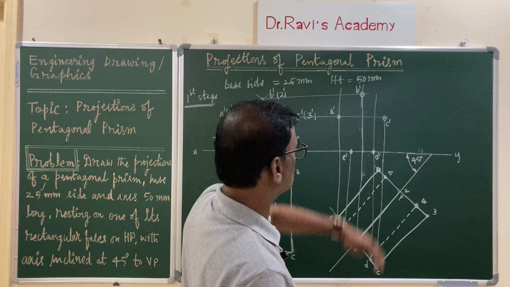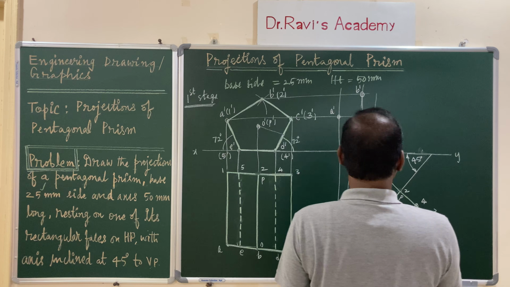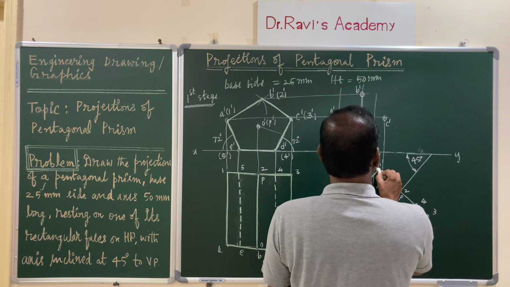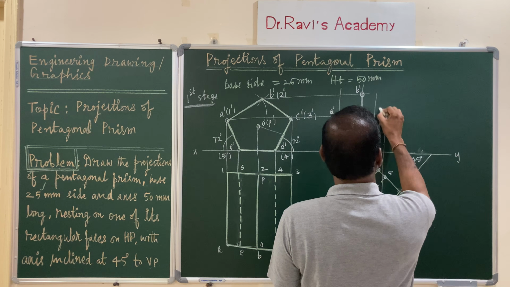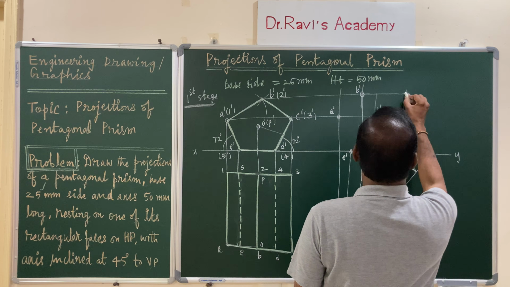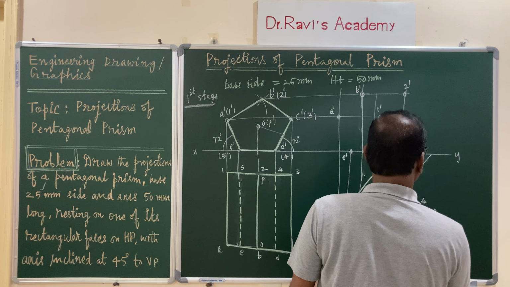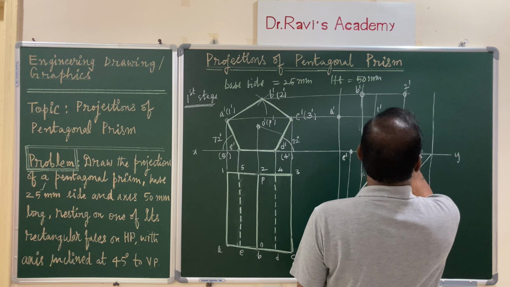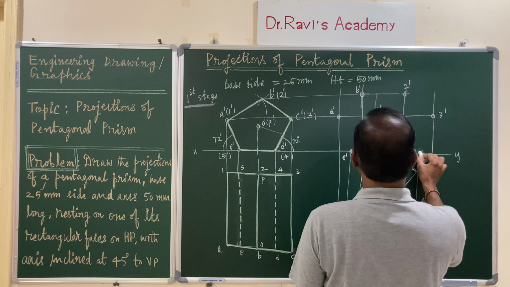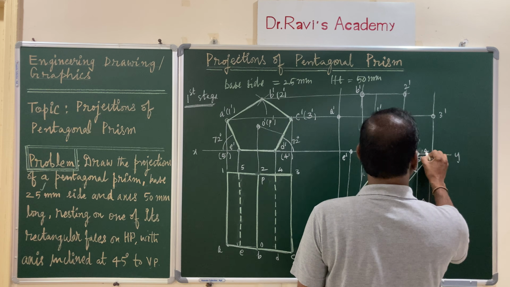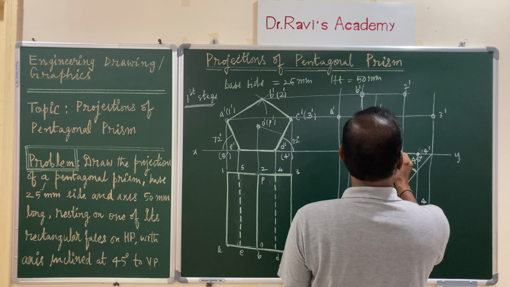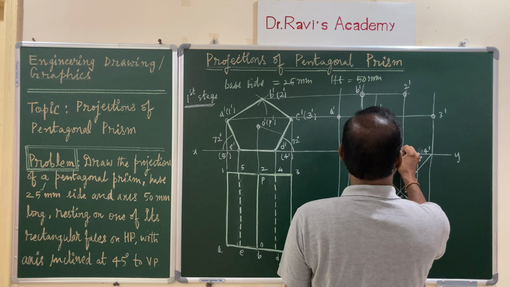So there is one end. Let us look at the other end also. Draw the projectors, and this is your 1. So you have this 1 prime, 2 prime, 3 prime, 4 prime, 4 is on the bottom, this is 4 prime, and 5 prime. 5 is also on the bottom, this is 5 prime.